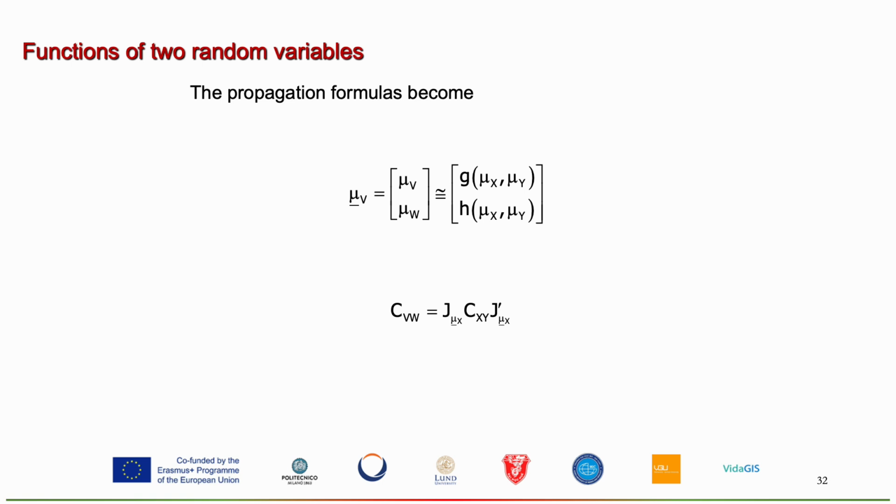The covariance matrix of the new variable VW will be given by the Jacobian of the function of the transformation that multiplies the covariance matrix of XY that multiplies the transpose of the Jacobian. You see that, if you look back to the monodimensional case, we are finding exactly the same properties. Here we have vectors and matrices, there we have scalars and simple derivatives.